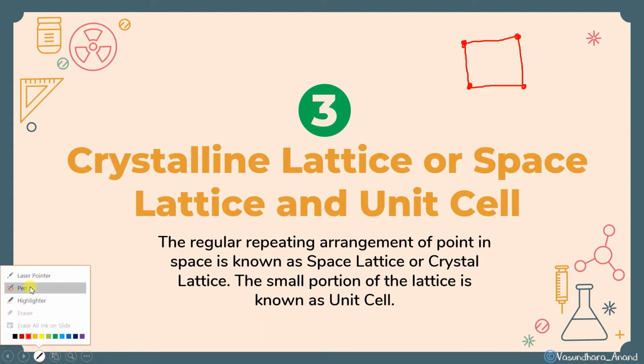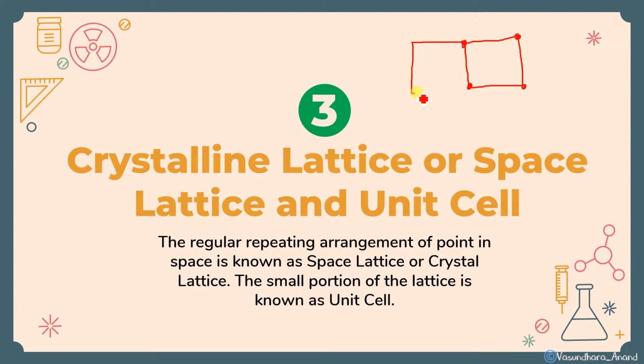Let me explain the things. If you see the solid crystal, it will look like this. Let me draw it here. It will be very small, but just to show, I'm making it large. Suppose this is the arrangement, and all the dots, the points, are called lattice points. These are lattice points. Got it, dear?